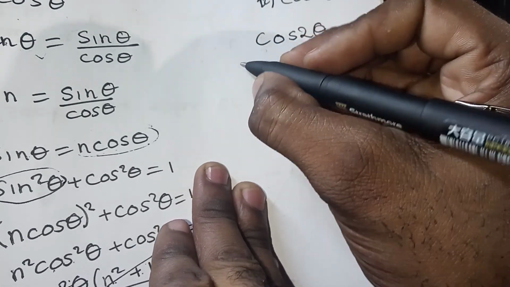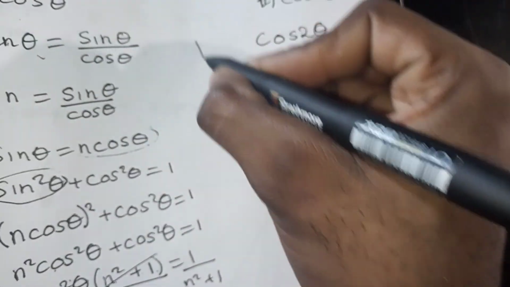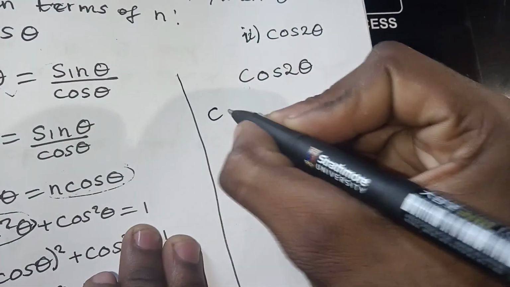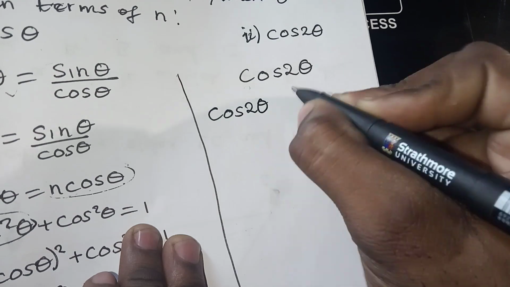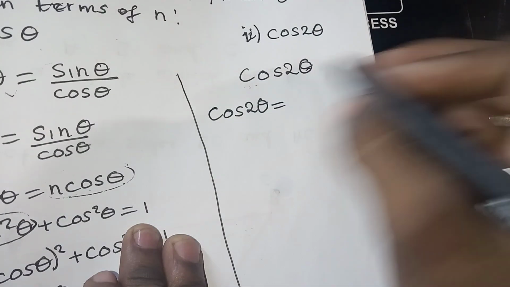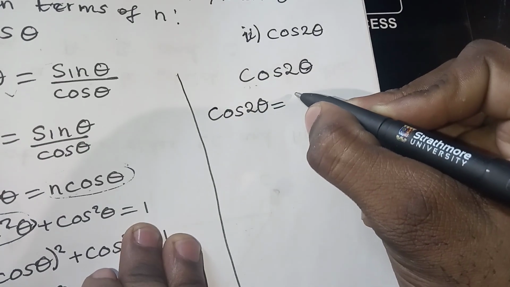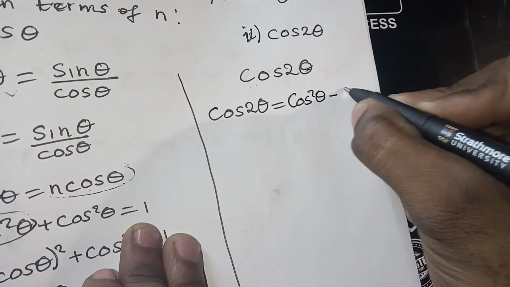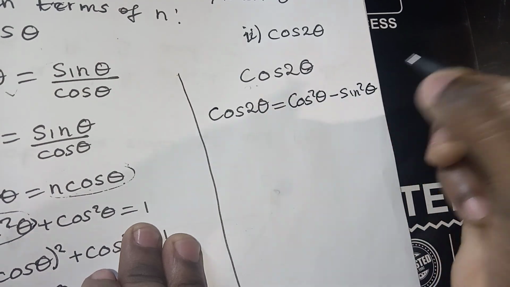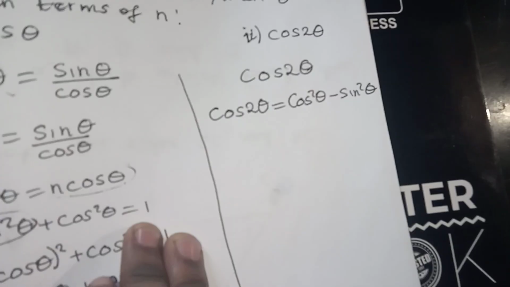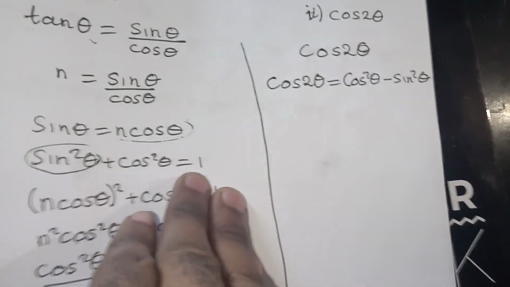So I don't want to straight away go to that identity, so I'll use the basic ones. This is the same as cos squared theta minus sine squared theta. So in case you are not sure what to do there, this identity is always provided.